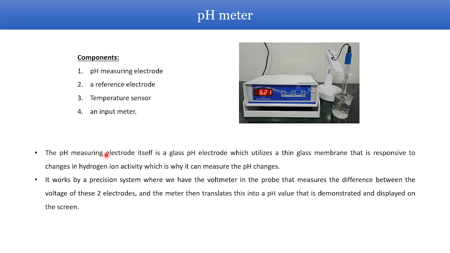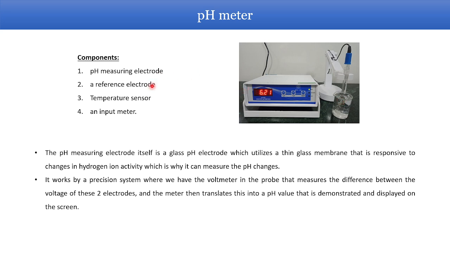So the pH meter basically measures the pH of the solution. That is not what I am worried about. What I want to convey is the components that it has. It has a pH measuring electrode that is dipped in the solution for measuring its pH.